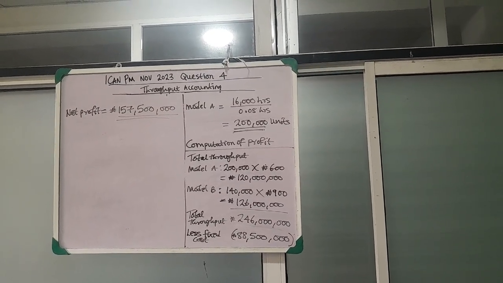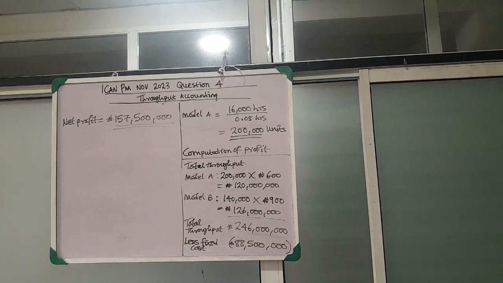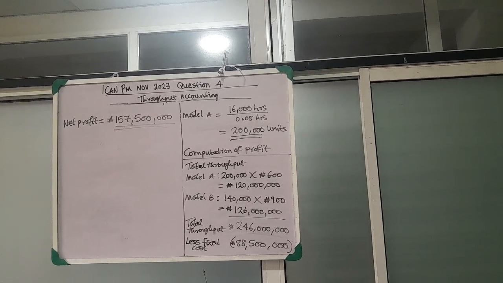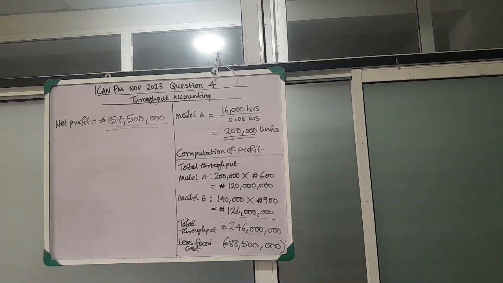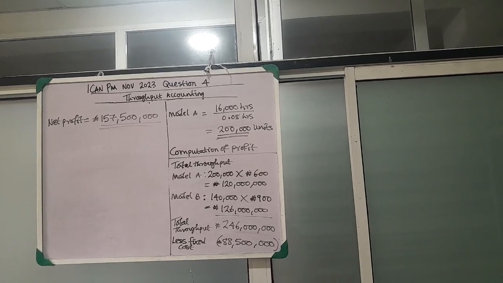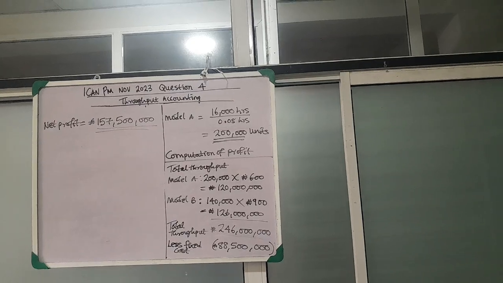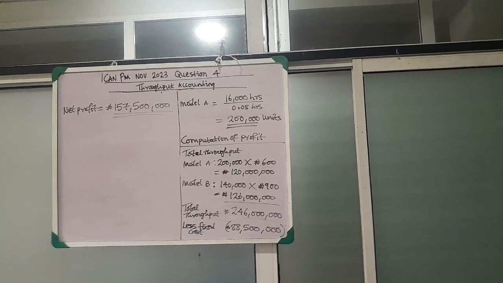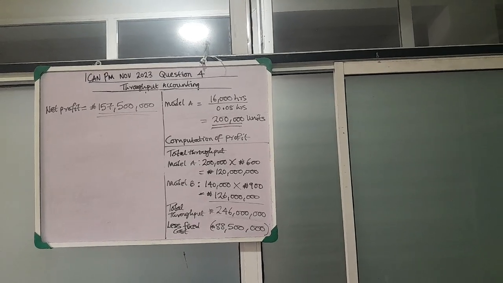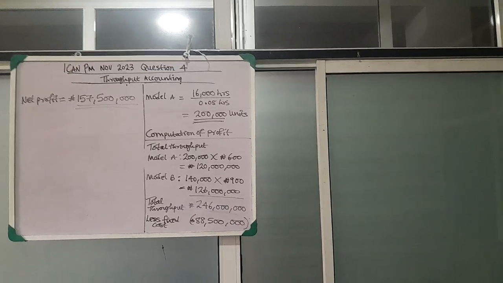Lastly, the D part of the question, they said, explain two aspects in which the concept of contribution in throughput accounting differs from its use in marginal costing. What I simply said is the difference. What makes them different? First of all, the first thing that makes them different is based on the definition of variable cost.